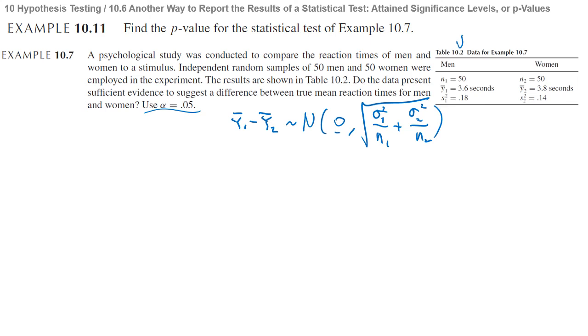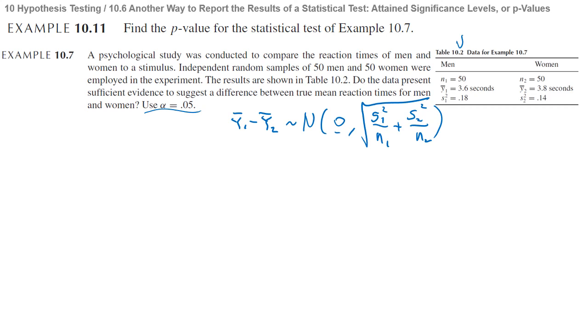Since we don't know the exact variance of the first group and second group, we can replace them with the sample variances, s1 square and s2 square.